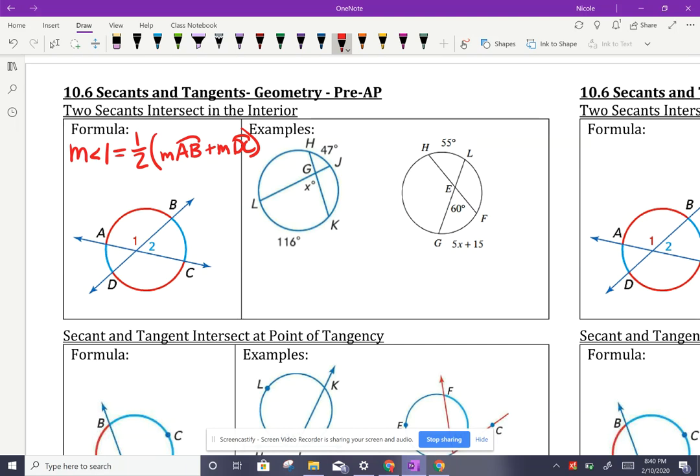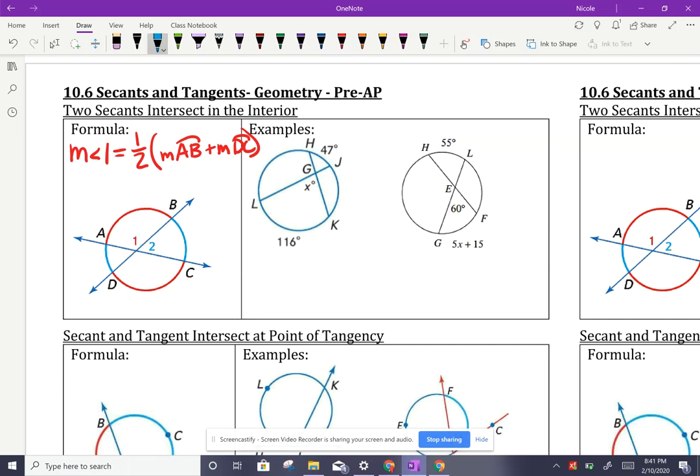I have AB right here and DC over here. I don't know if they're congruent. I don't know any of that. I'm going to take whatever the measures are from those, add them together, divide by 2, and that's the measure of angle 1.